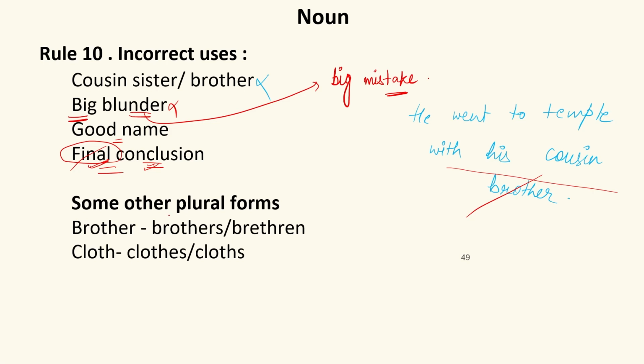Now we have some other forms of plural as well. For example, the word brother can have two plurals. One is brothers and the other is brethren. Brothers is used for brothers who are in blood relation.